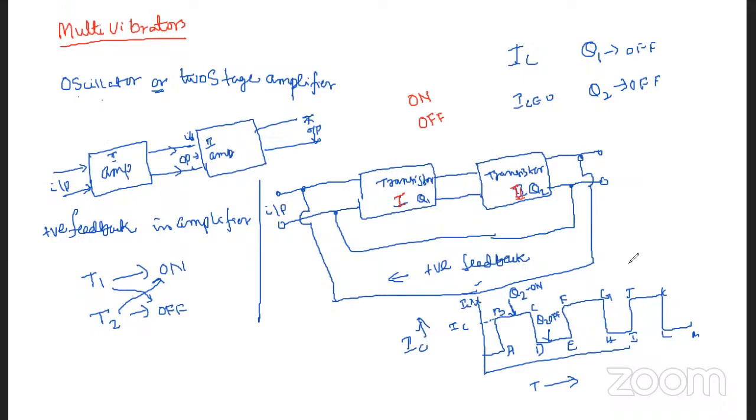Next, what are the terms which we are going to study in the case of the multivibrator? First, we will study what a stable state is. A stable state is one in which currents and voltages satisfy Kirchhoff's laws and the loop gain is less than unity.